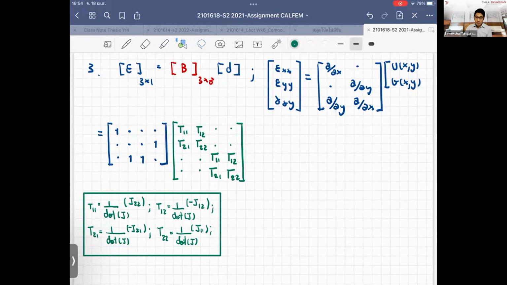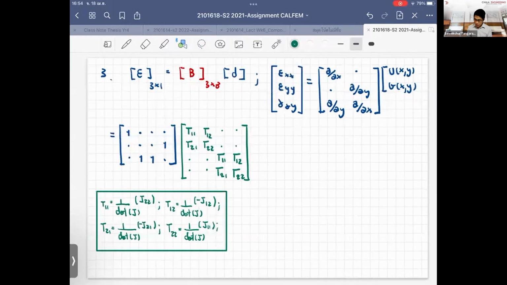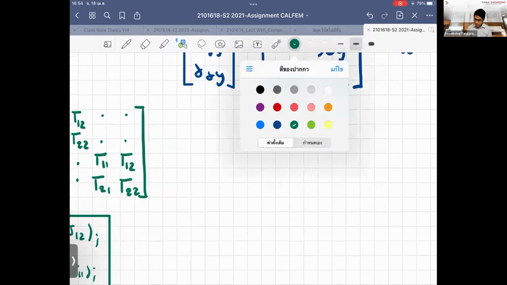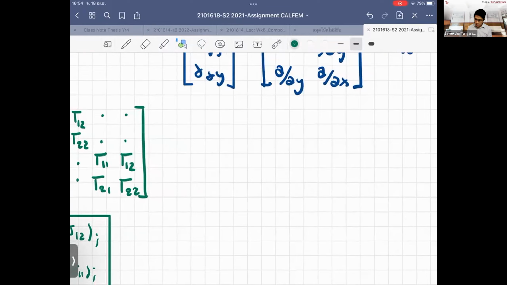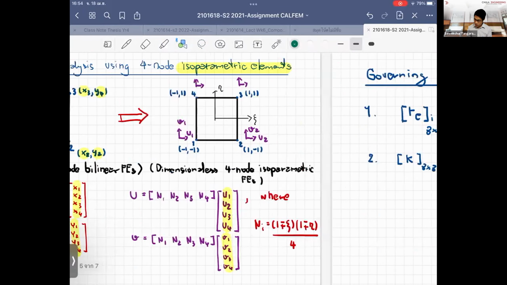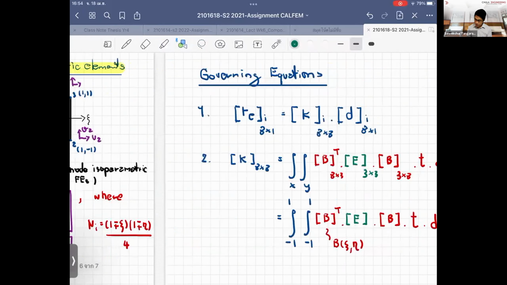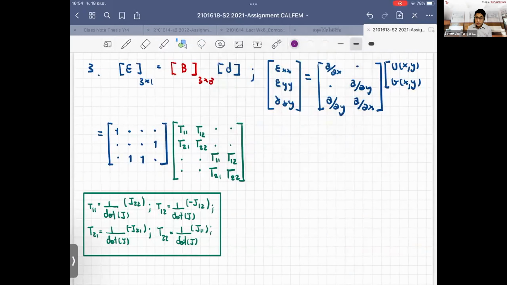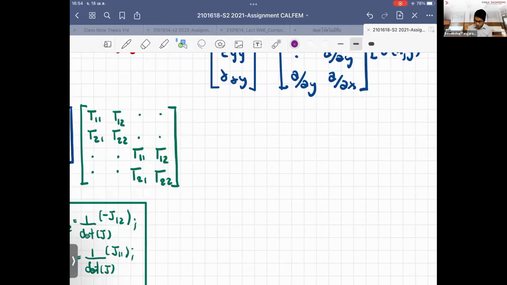And the last one is a derivative of the natural coordinate, which I use purple for. Is it in terms of the shape function?